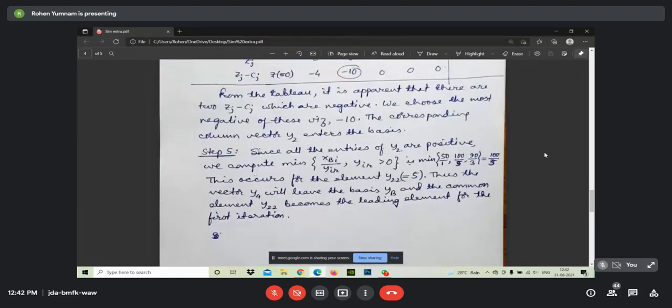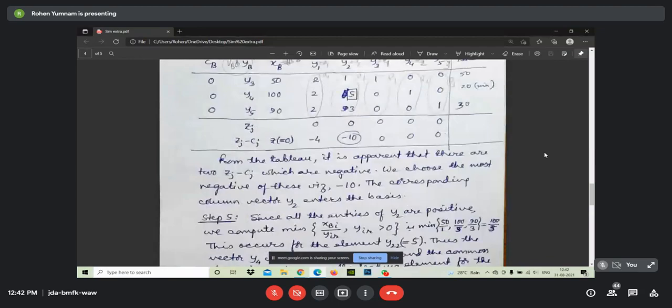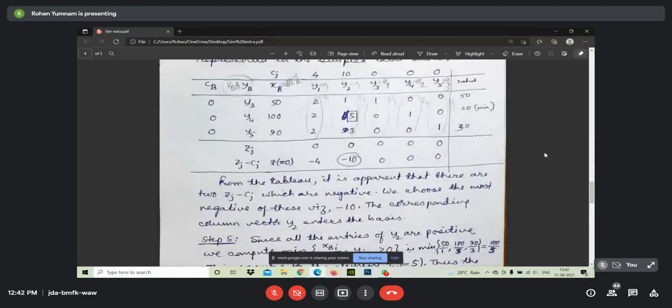Since the y2 entries are positive, we compute the minimum of the ratio. Ratio is xbi by yir. See, xb means this xb, and y means this y2. Then you take the ratio of 50 and 1.